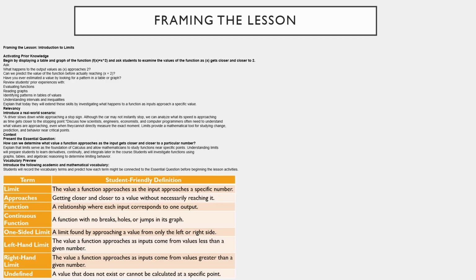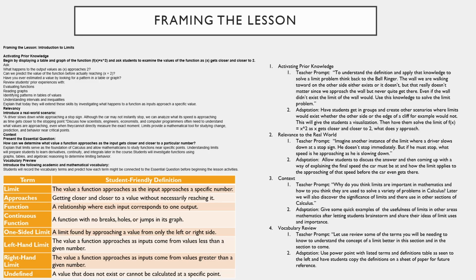Okay, framing the lesson. On the left is the framing the lesson portion of the lesson plan, and then with activating prior knowledge, my teacher prompt to understand the definition and apply that knowledge to solve a limit problem: think back to the bell ringer.